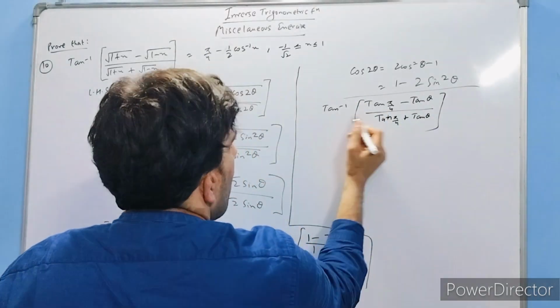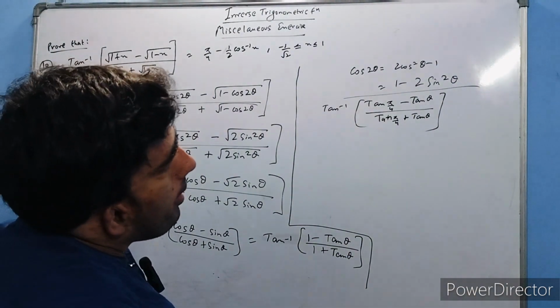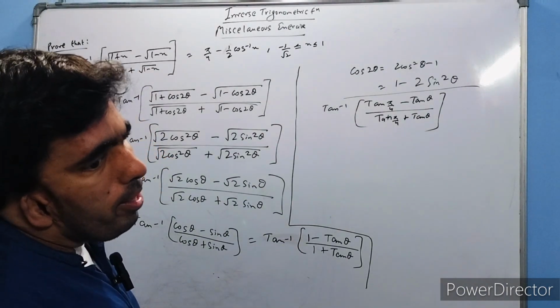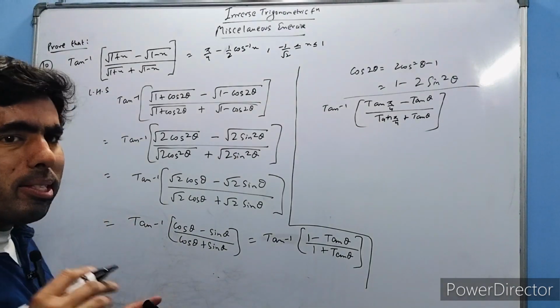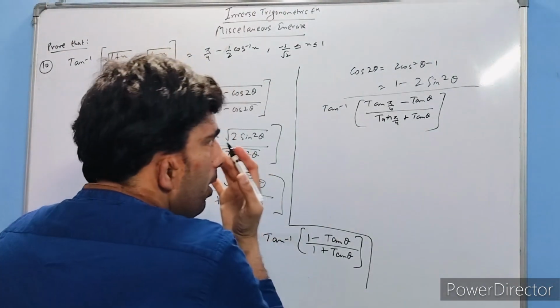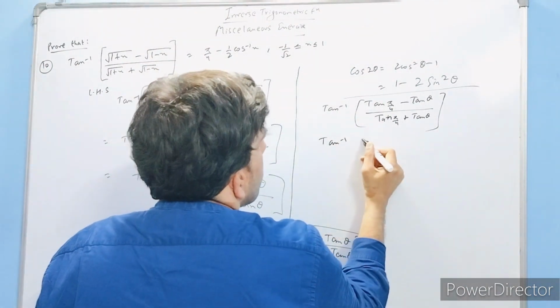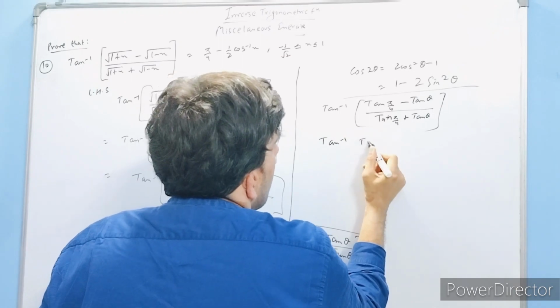So now this is a formula we have, the formula for tan A minus B. That is, tan A minus B will be (tan A minus tan B) upon (1 plus tan A tan B). Okay, so I have the formula here.